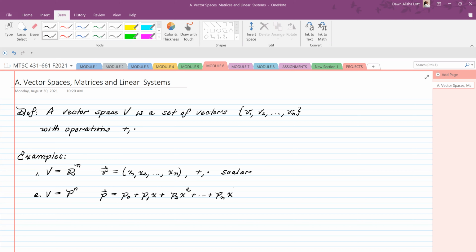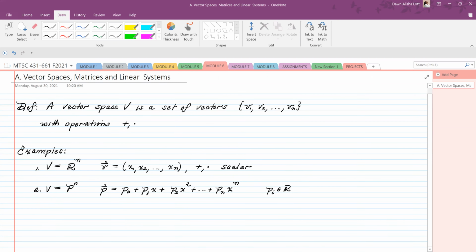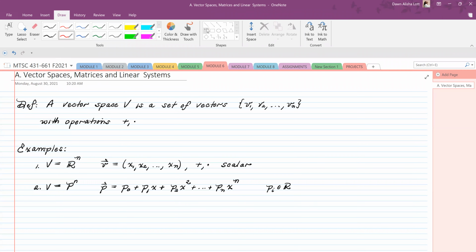All right. We talk about linear combination. So let me go back over here and underline this definition, and this next definition.